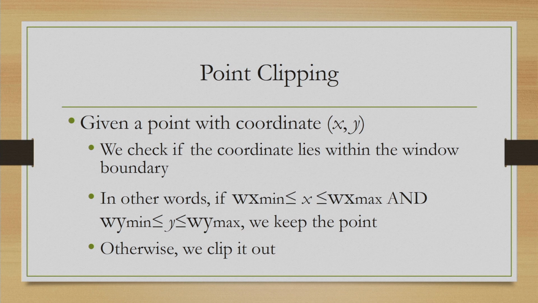Let us assume that we are given a point with coordinate x, y. Now, the clipping idea is simple. We have to check whether the point is within the window or outside. So, we simply have to check if the coordinate values lie within the window boundary.